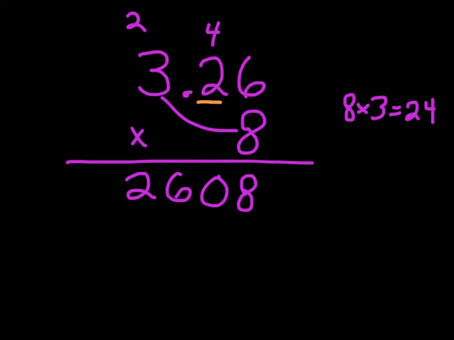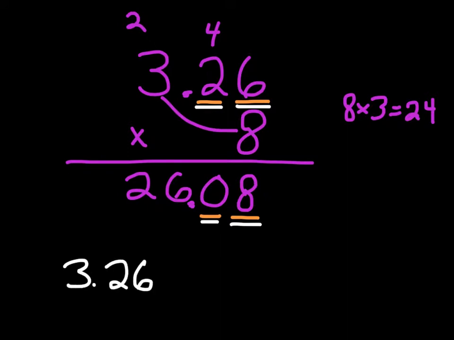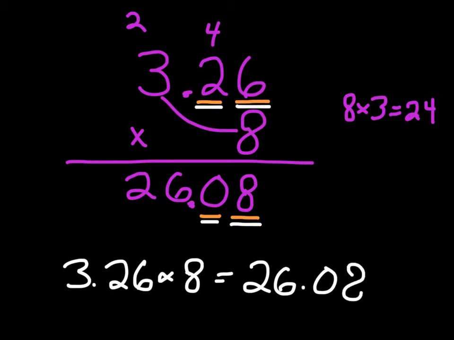Also, there are 2 numbers to the right of the decimal point. So we're going to put our decimal point right there. And hey, 26 is really close to 24. And we've got the 2 decimals and the 2 decimals. So 3.26 times 8 is 26.08.